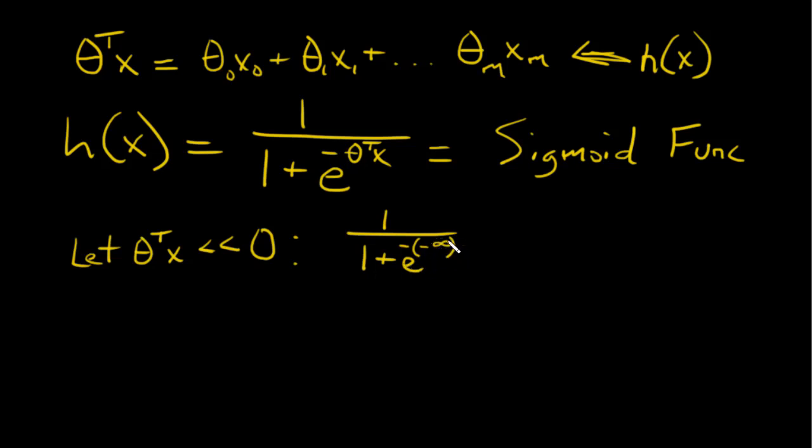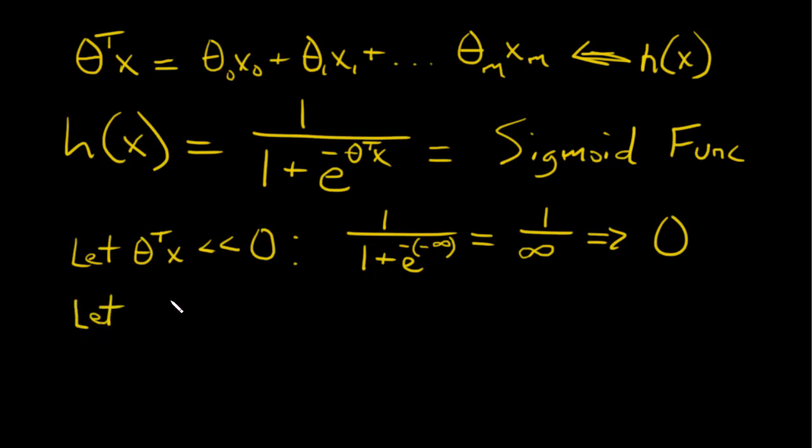So a very, very small negative number, or a large negative number if you're talking about the magnitude. And when this happens, I'm going to get 1 over something that is growing without bound. So it's similar to 1 over infinity, which becomes a 0. If we have a constant on top and we divide by infinity, that is always going to be heading towards 0. I'm not using the limit definitions from calculus because it would complicate things a little bit, and I think this gets the point across.